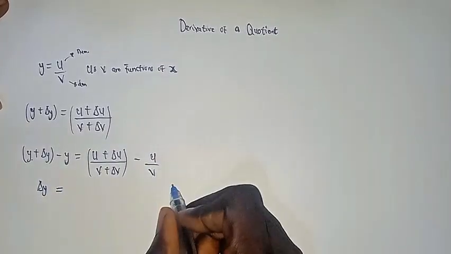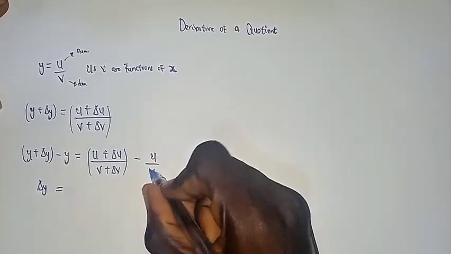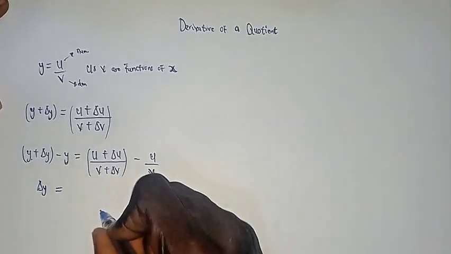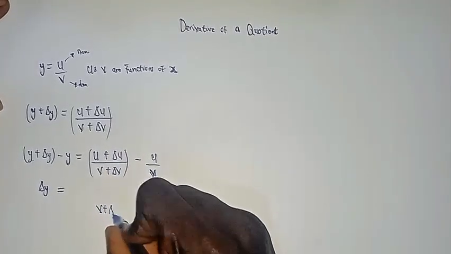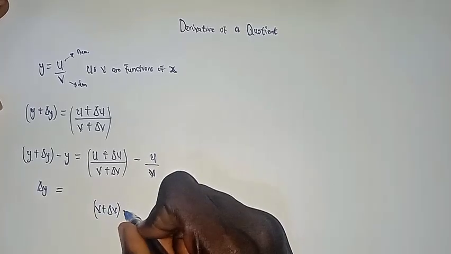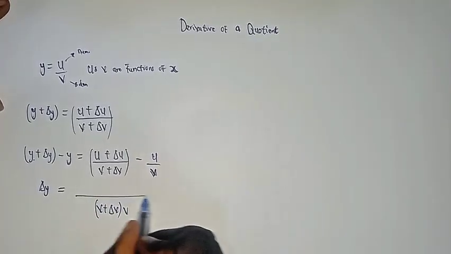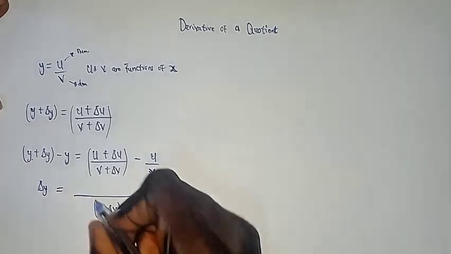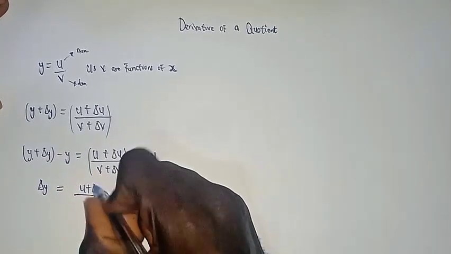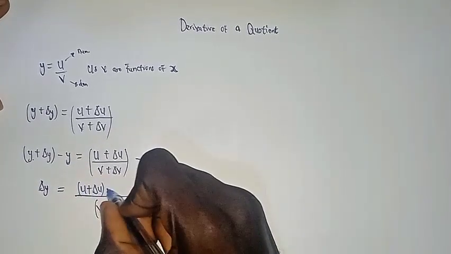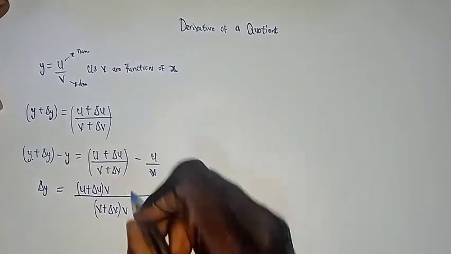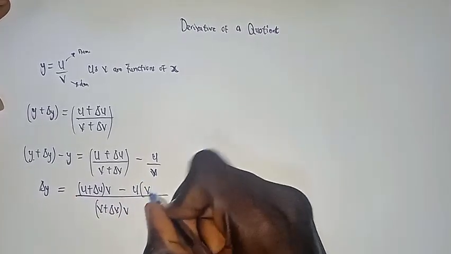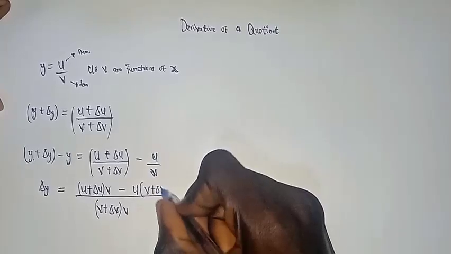And then on our right hand side, we'll find the LCM of this equation. So our LCM will be v plus delta v multiplied by v. And so if we solve this further, we have that u plus delta u multiply v minus u multiply v plus delta v.